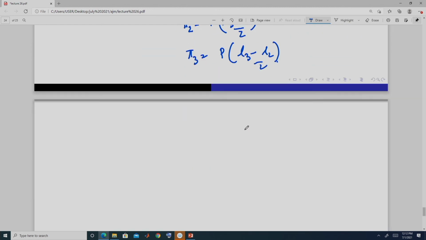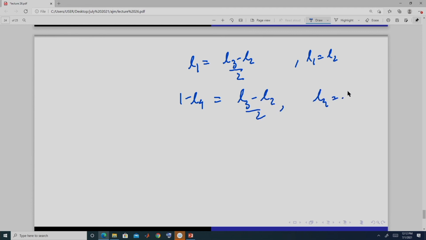So, from this argument, what do we get? We get that L1 must be equal to this, when L1 is equal to L2, and further we get 1 minus L4 is equal to L3 minus L2, when L4 is equal to L2. Right. So, from here what do we get?